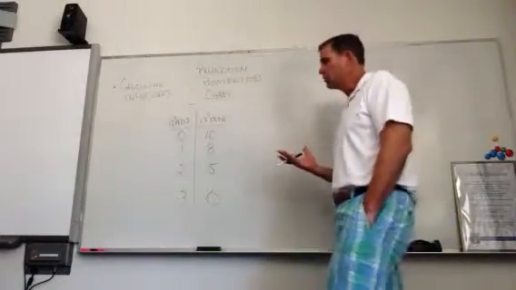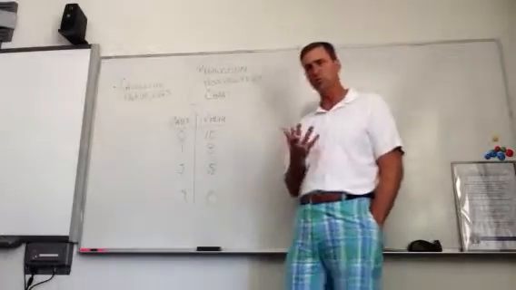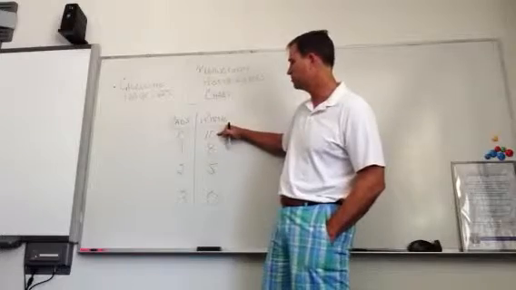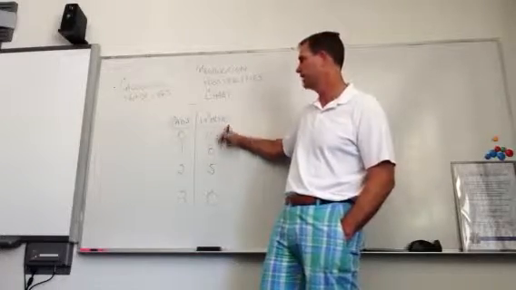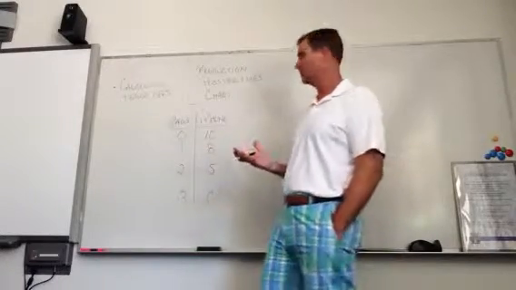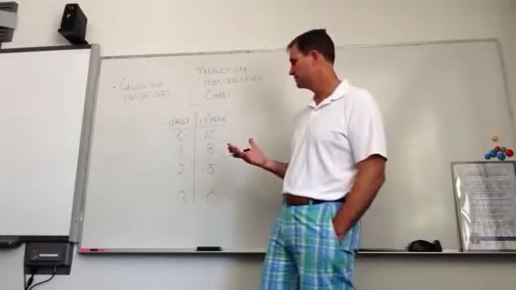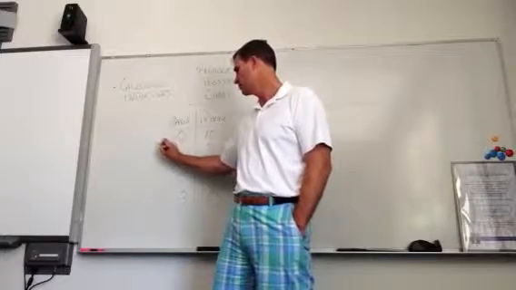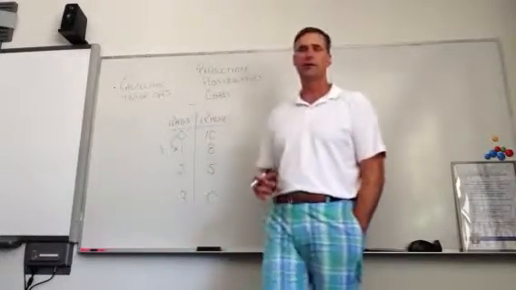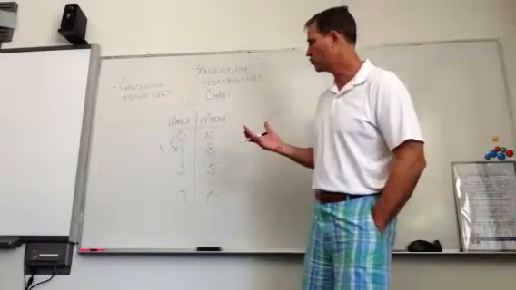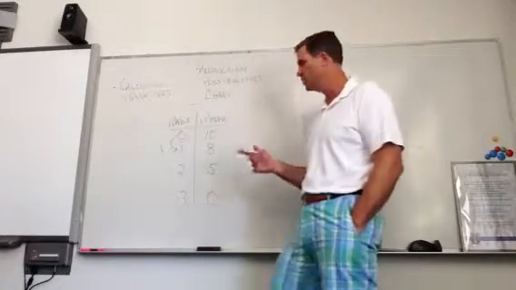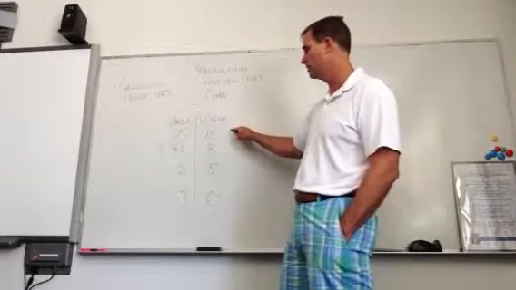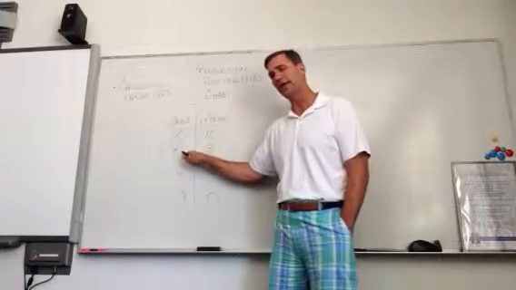So let's talk about, well, what does it cost you to produce the first iPad? If you're at this production possibility, producing all iPhones, and Apple Corporation decides that they want to produce some iPads, they would go from 0 to 1. So 1 iPad costs Apple Corporation something in terms of iPhones, because you have to take some of the resources that you were using to produce the iPhone and put it into the production of the iPad.